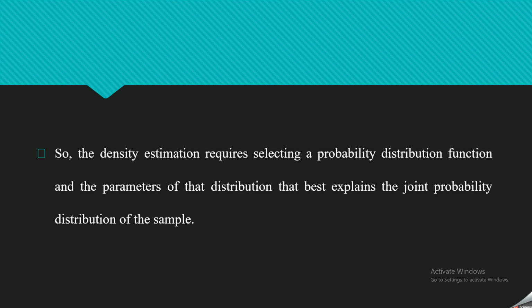So what does this imply? Density estimation requires selecting a probability distribution function. The distribution over here is nothing but bins, and the parameters of that distribution that best explain the joint probability distribution of the sample, the random sample which I had taken of sample size 2000.